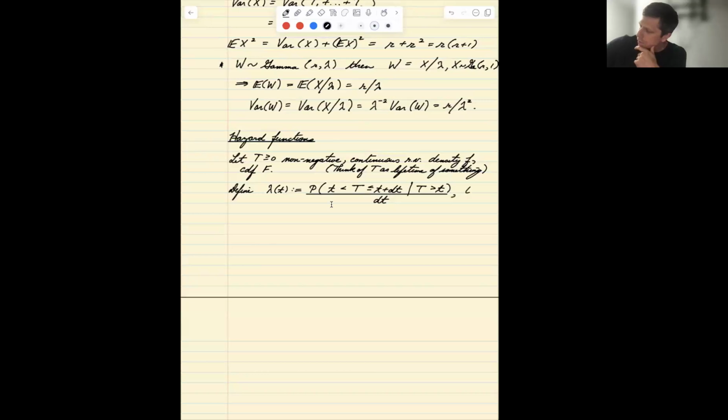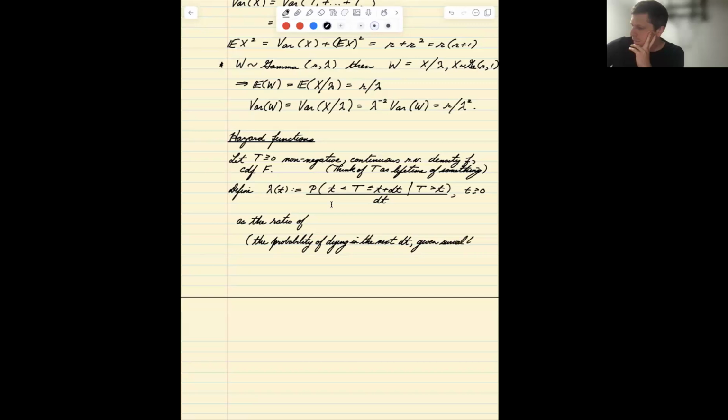This is the ratio of the probability of dying in the next dt time units, given survival, divided by the unit of time dt.